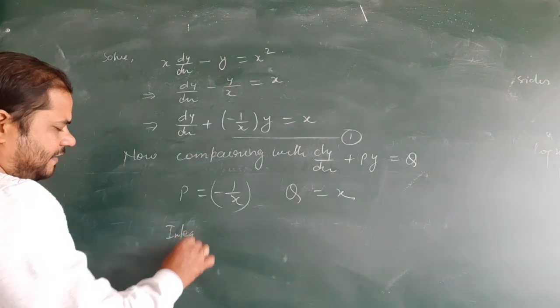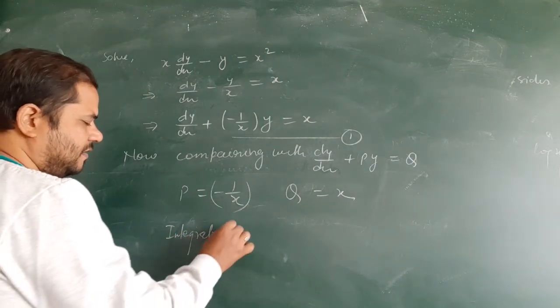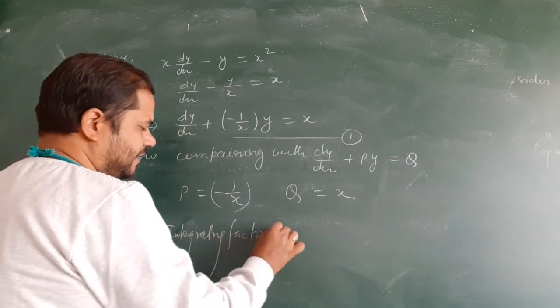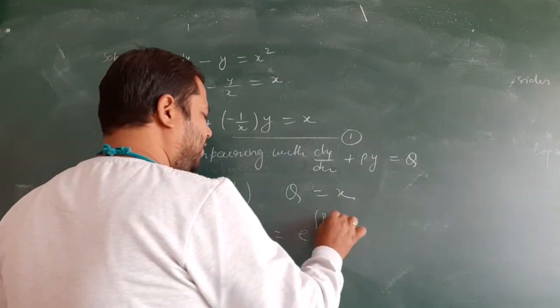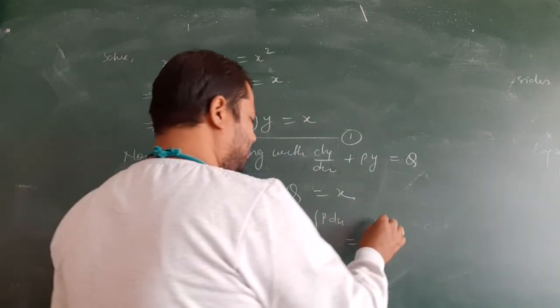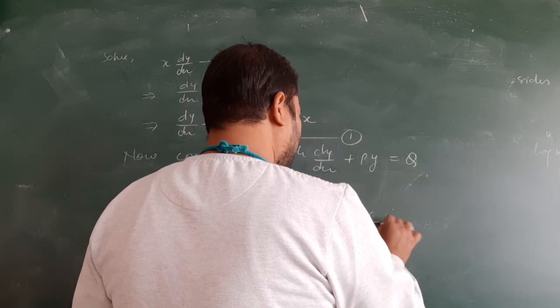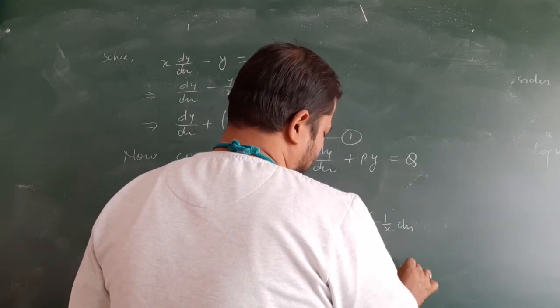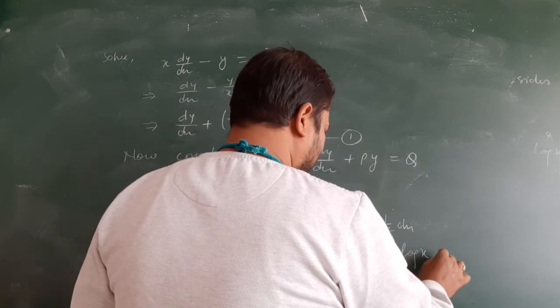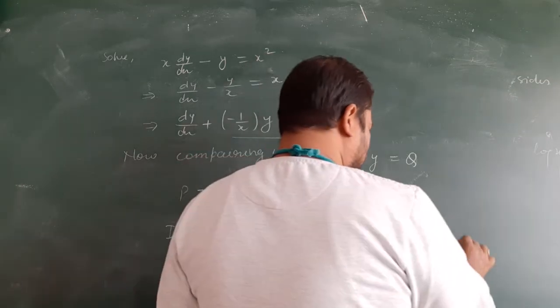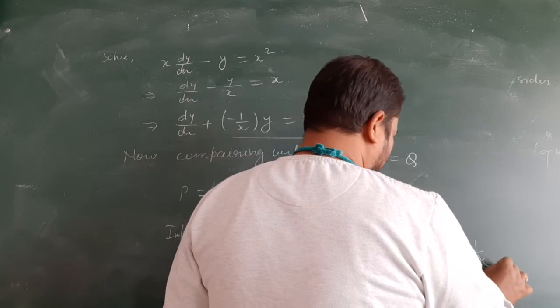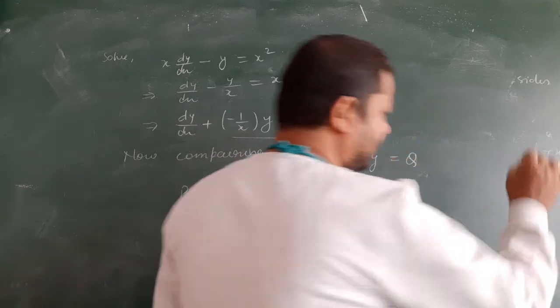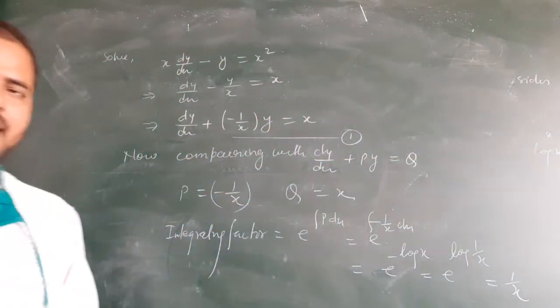Integrating factor is e to the power integral of p dx, and this is nothing but e to the power integral of minus 1 upon x dx. This is e to the power minus log x. We can write it as e to the power log of 1 by x, and you know very well this is nothing but 1 by x.